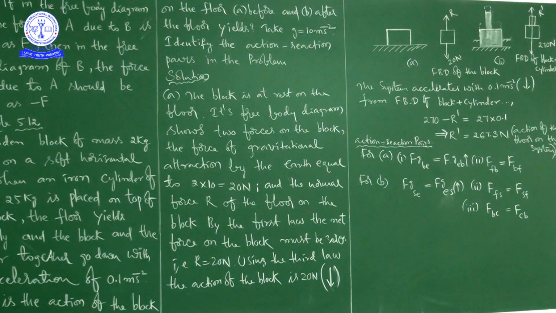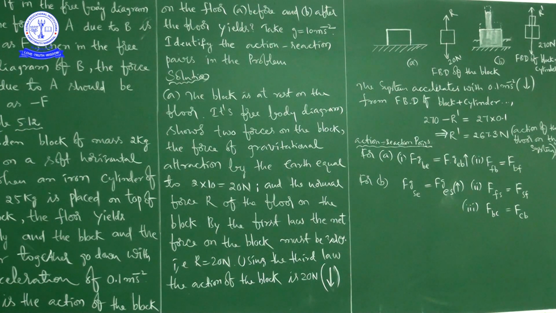According to Newton's third law of motion, action and reaction are the two forces which are acting on two different bodies, right? So B is completed now. Now we are going to identify the action and reaction pairs in this problem, right? Now I will tell you the action and reaction pairs, you just please concentrate. So for A, right?